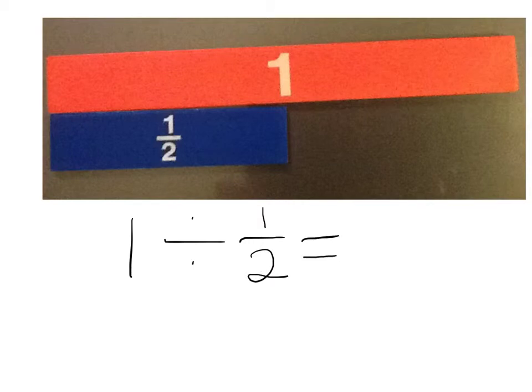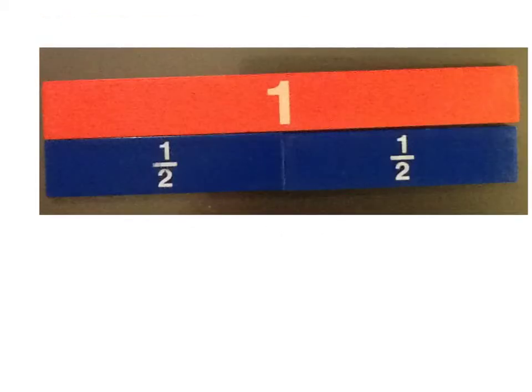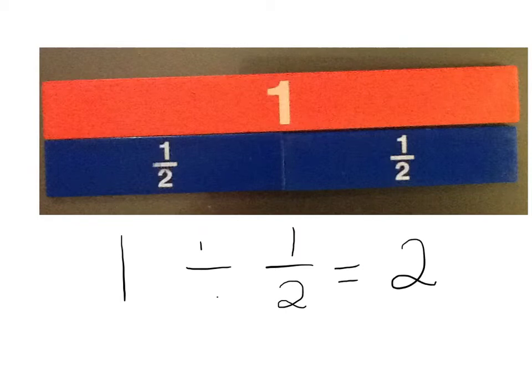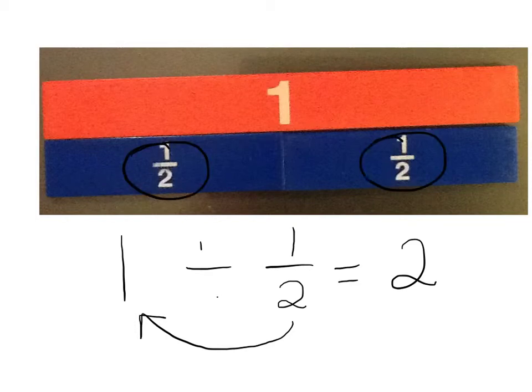So we want to know how many 1/2 pieces are in 1 whole. And if we look at this, 1 whole divided by 1/2 equals 2. How many 1/2s are in 1 whole? There's 1, 2.